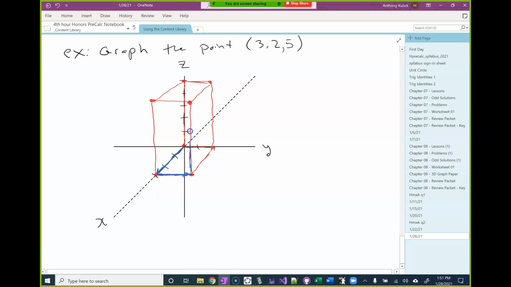And then we go 5 in the z direction. So that is the location of the point (3, 2, 5). I just needed to draw the rest of that box so I was able to get everything in the right proportions. If that makes any sense to you guys.